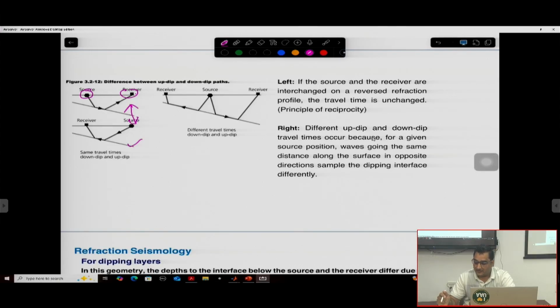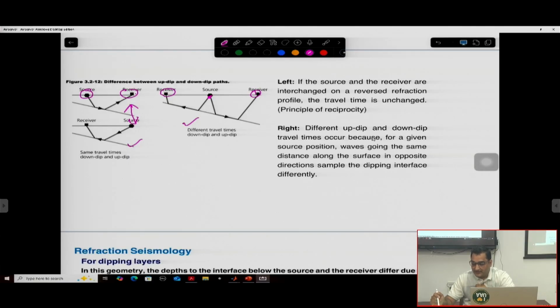But if you look at this geometry where you keep the source at one place and have a receiver in the down dip direction, and also a receiver in the up dip direction on the other side, one is forward profiling and the other is reverse profiling.